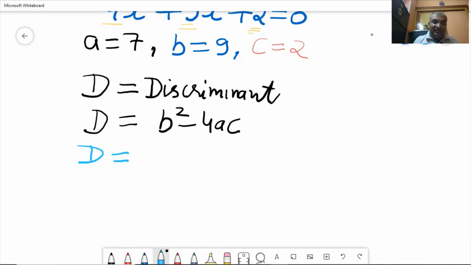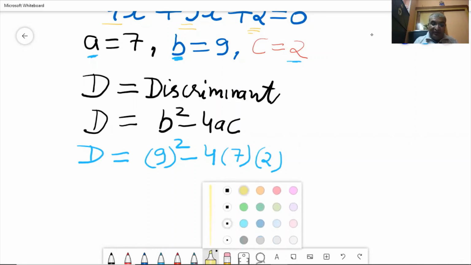Please see, d will be here 9, value of b was 9, so b square becomes 9 square, then we have minus 4, then we have value of a which was 7 and value of c which was 2. So please see, value of a was 7, value of b was 9, value of c was 2. So here we are putting the values of a, b and c.